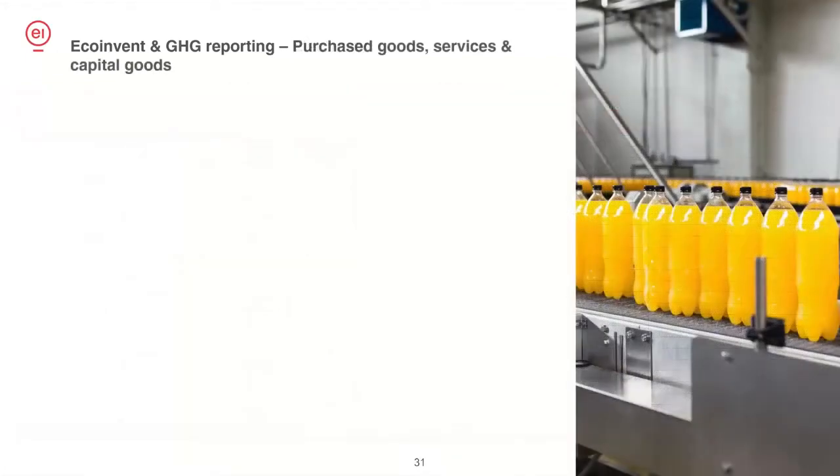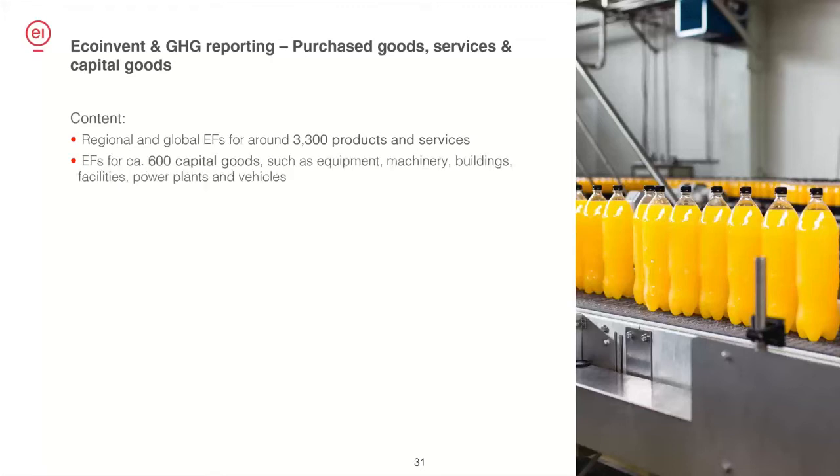With this, I would like to go to the next categories of Scope 3 reporting and explain what type of data is available for the categories of purchased goods, services, and capital goods. The ecoinvent database contains regional and global emission factors for around 3,300 products and services.